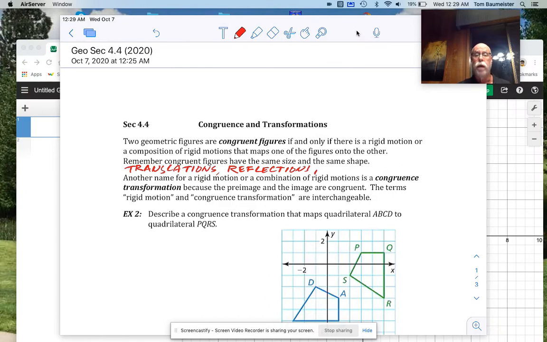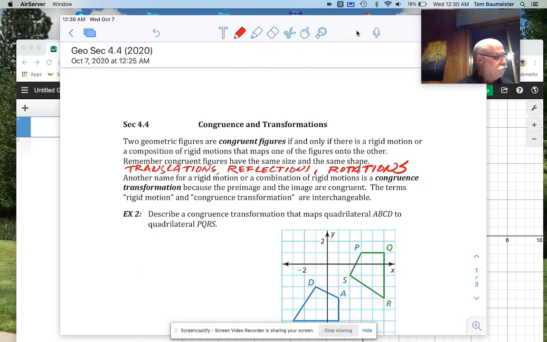And we talked about rotations. So another name for a rigid motion or a combination of rigid motions is a congruence transformation because the preimage and the image are congruent. The terms rigid motion and congruence transformation are interchangeable.